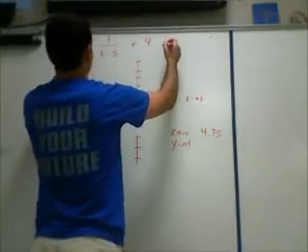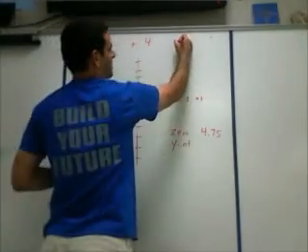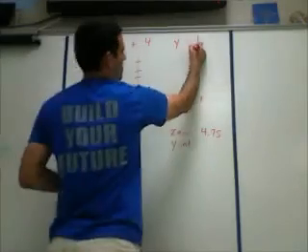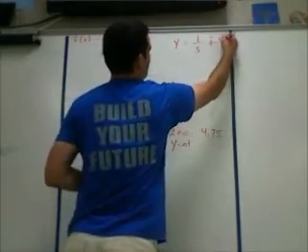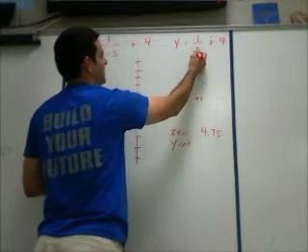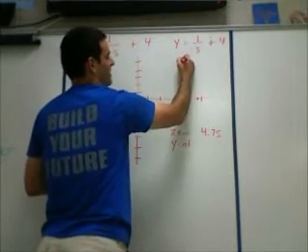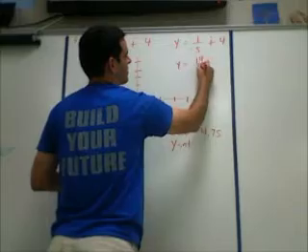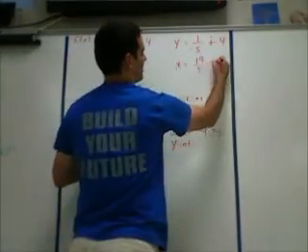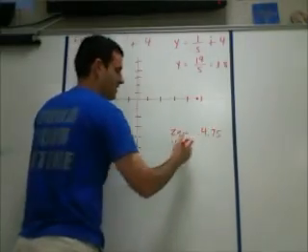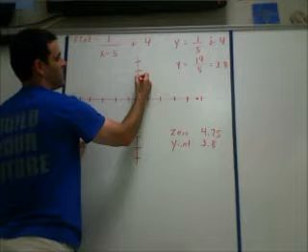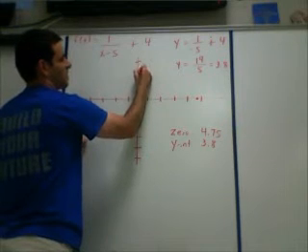So f of x, we can just write as y. y equals 1 over, this is going to be 0, so it's 1 over negative 5, plus 4. So this is 20/5 minus 1/5. That's going to be 19 over 5, and 19 over 5 would be 3.8, if I'm doing my math correctly. So on the y-axis, 1, 2, 3, and then almost the 4, but not quite.